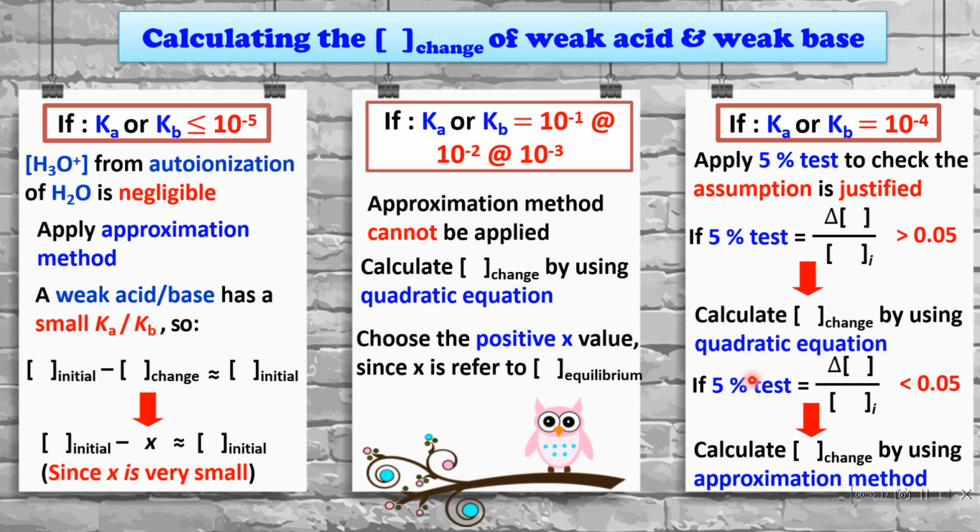If the 5% test ratio of change in concentration to initial concentration is less than 0.05, meaning the change in concentration, the value of X, you can calculate using the approximation method. So what is the approximation method? We will discover after this.